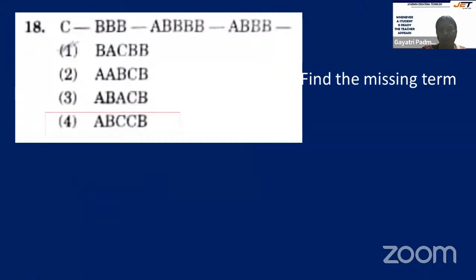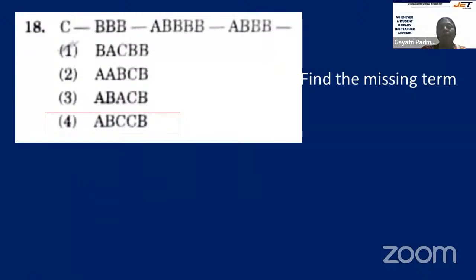We have the 18th one. C dash B B B dash A B B B B dash A B B B dash. All right. So now you need to fill this up. This is also the same pattern that we'll be following.